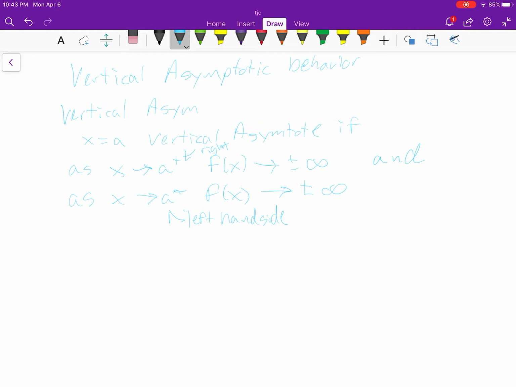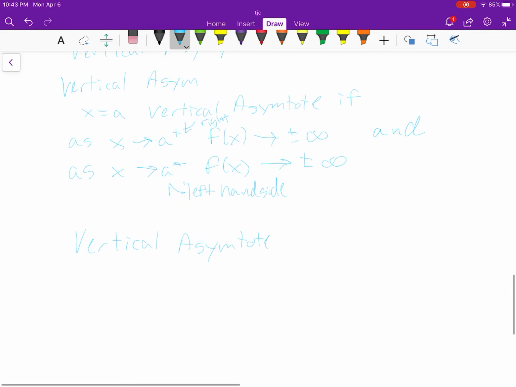So to find a vertical asymptote, you need to find all the zeros of your denominator, q of x, where those are not zeros of p.